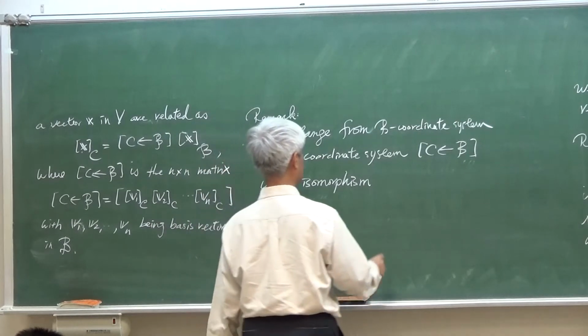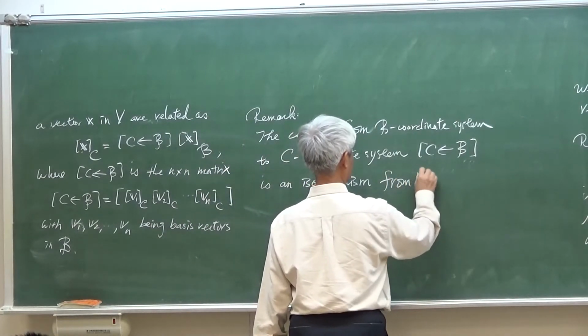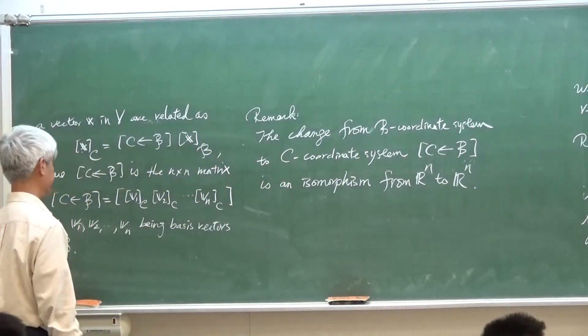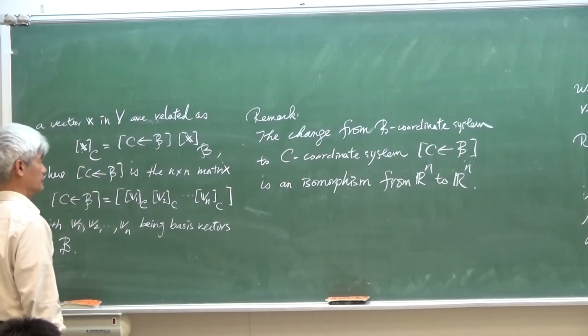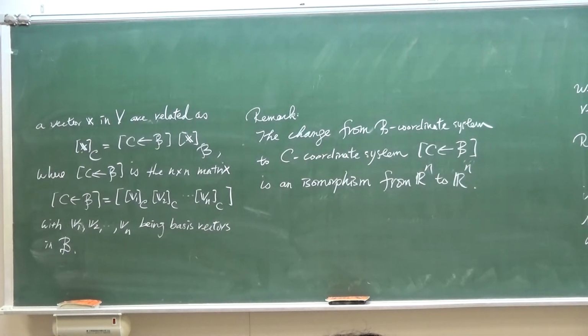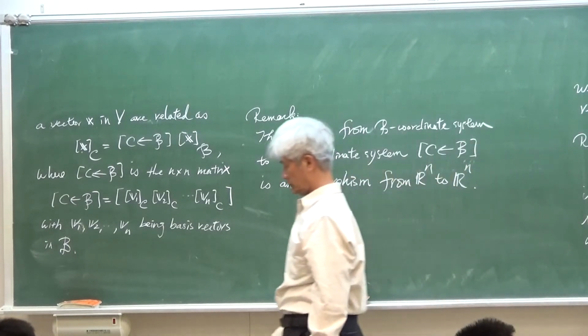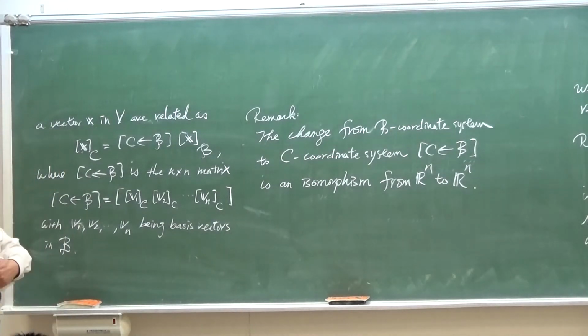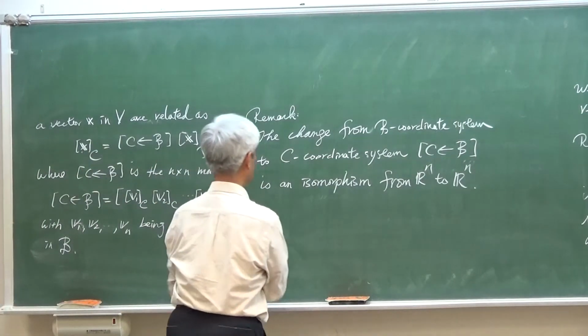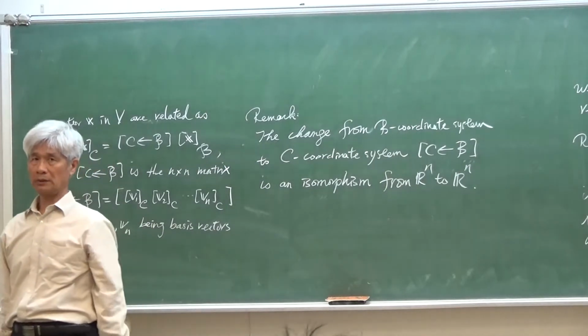It's an isomorphism from R^n to R^n. Why is it an isomorphism?